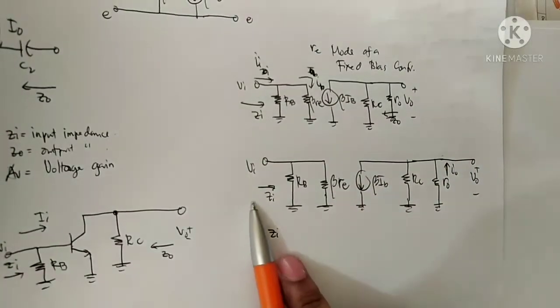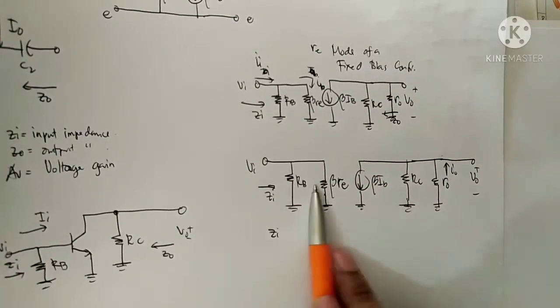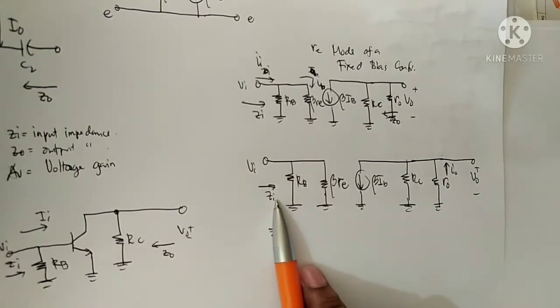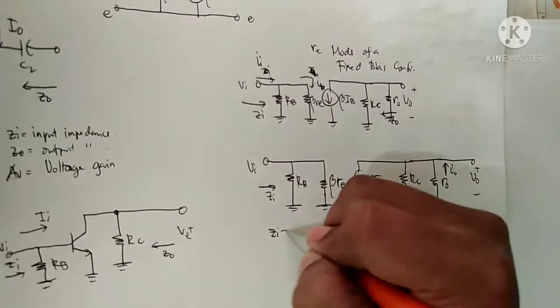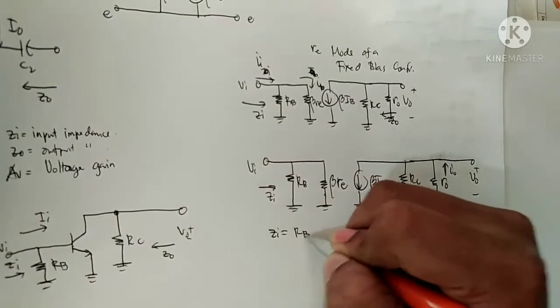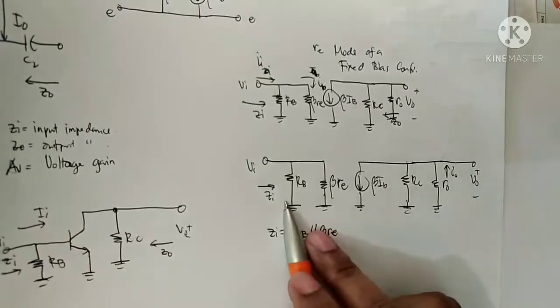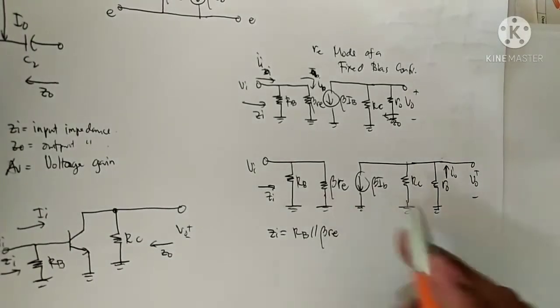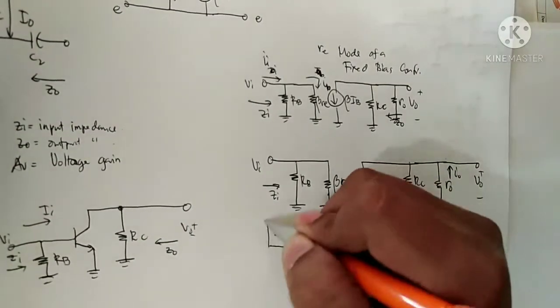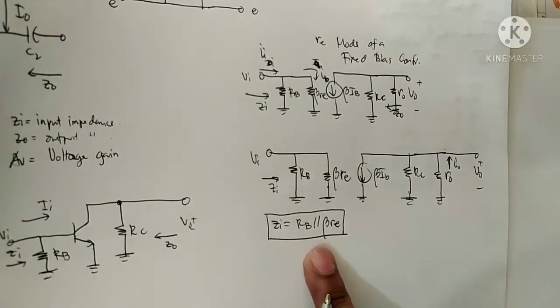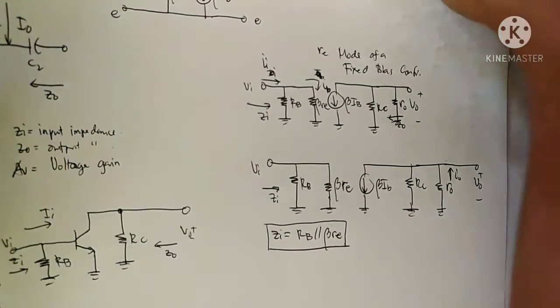As you can see, the input impedance is taken from the input side, so it is just RB in parallel with beta re. So Zi equals RB parallel beta re. How about the output?